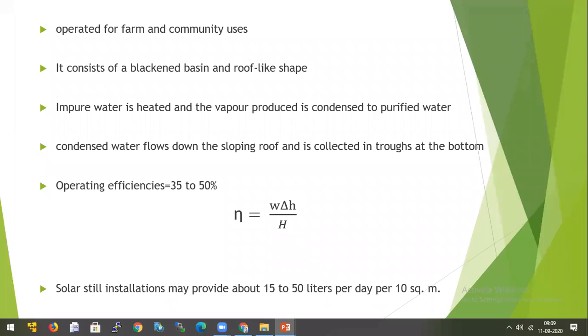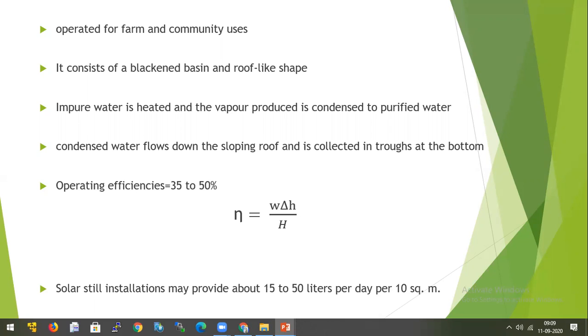The production rate depends mainly on the amount of solar radiation available, and it is also affected by other factors like ambient air temperature, wind speed, atmospheric humidity, and sky conditions. Is there any cloudiness or is the sky clear? These also differ the production rates.